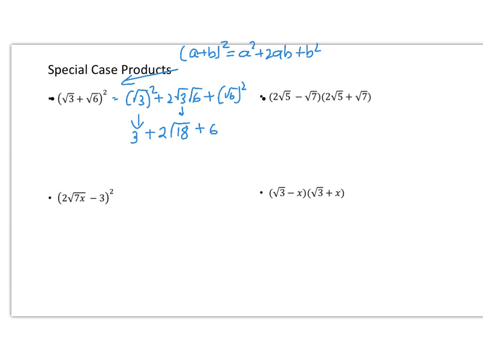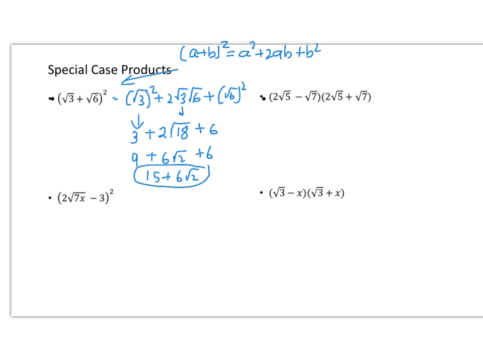Right, so we have 9 plus, now we have 9 times 2, so I can take a 3 out, so that's going to be 6 square root of 2 plus 6, right? And you can see the last idea here, the 6 and the 9 add up, so I get 15 plus 6 square root of 2, and that's our answer here for that problem.